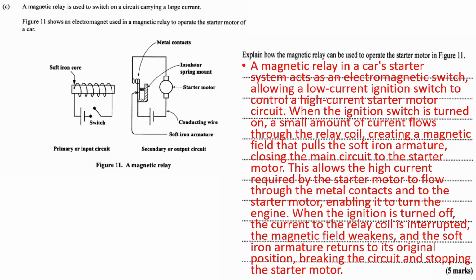When the ignition switch is turned on, a small amount of current flows through the relay coil, creating a magnetic field that pulls the soft iron armature, closing the main circuit to the starter motor. This allows the high current required by the starter motor to flow through the metal contacts and to the starter motor, enabling it to turn the engine. When the ignition is turned off, the current to the relay coil is interrupted, the magnetic field then weakens, and the soft iron armature returns to its original position, breaking the circuit and stopping the starter motor.